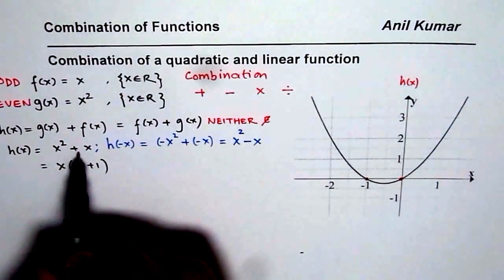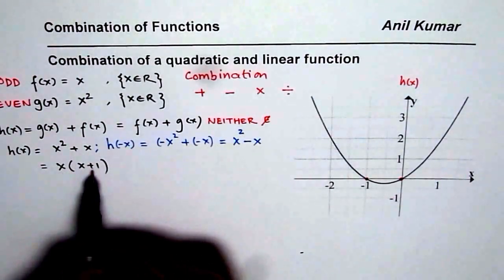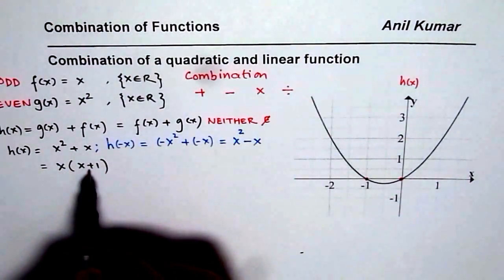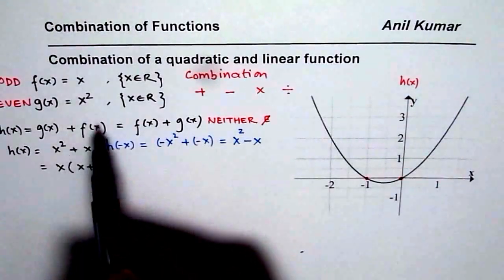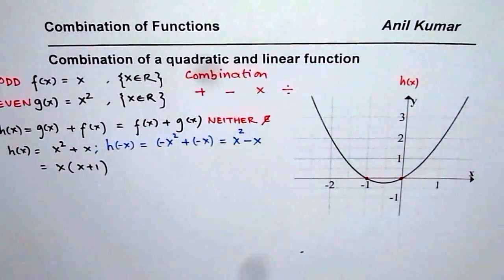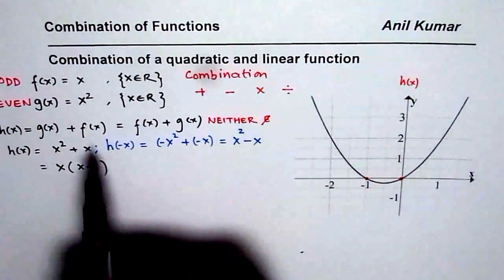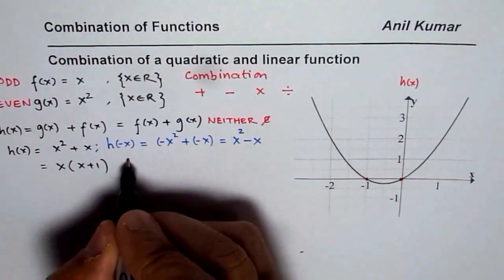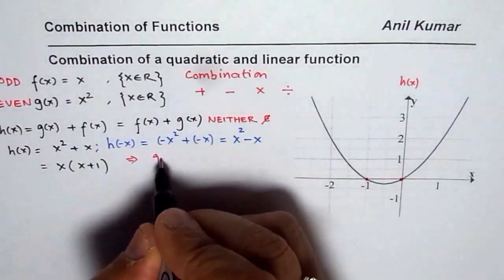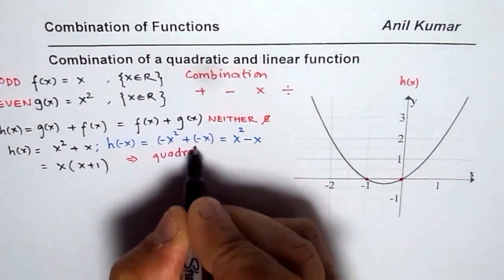Combining them maintains the shape and the characteristics of the parabola. However, we may have more or fewer zeros depending on how we combine a quadratic and a linear function. So what you gather from here is that the combination of linear and quadratic function results in a quadratic function, right?